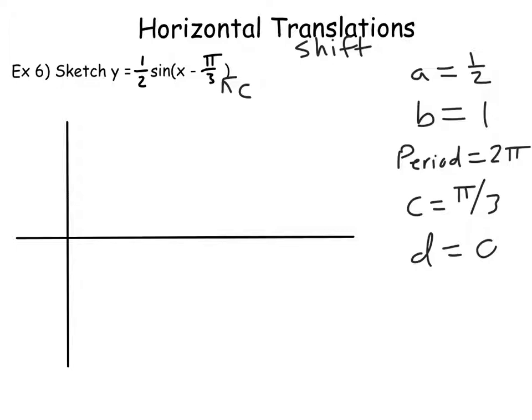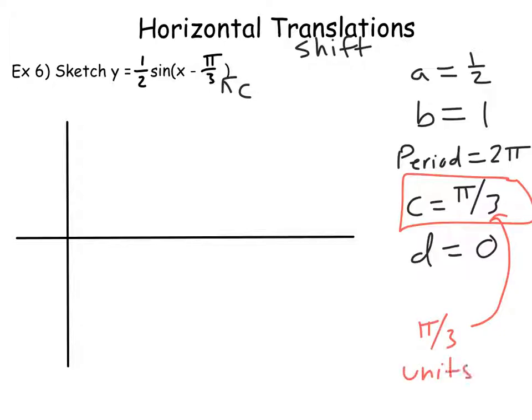Okay? So now right off the bat, I see that the period is 0 to 2 pi. But I'm actually not going to mark that, and it's all because of this. This is our first time seeing it. This graph has been shifted pi over 3 units to the right.